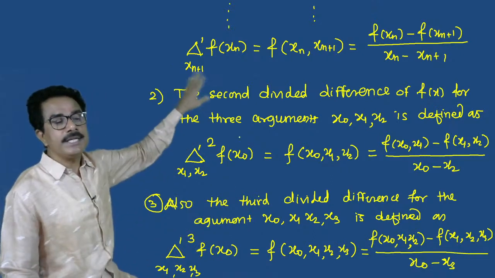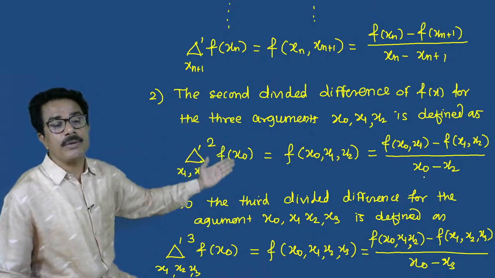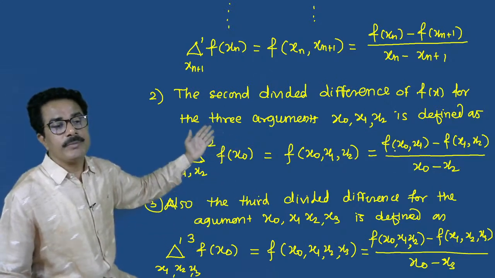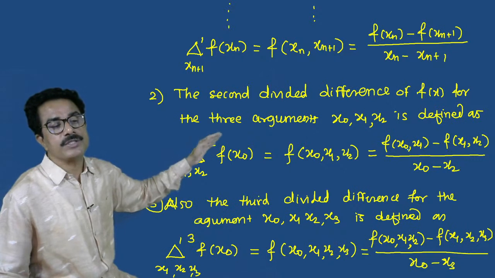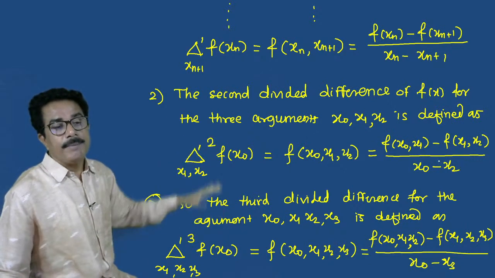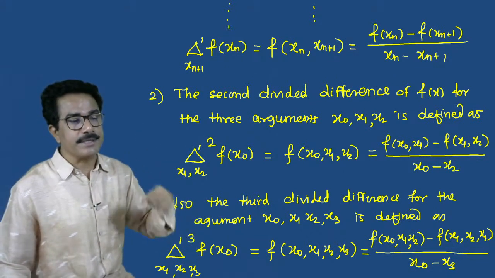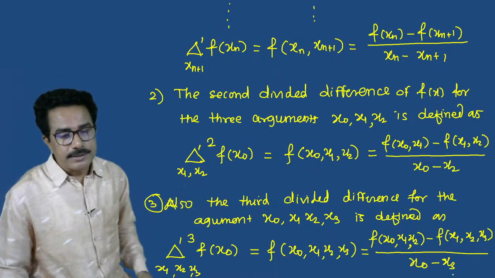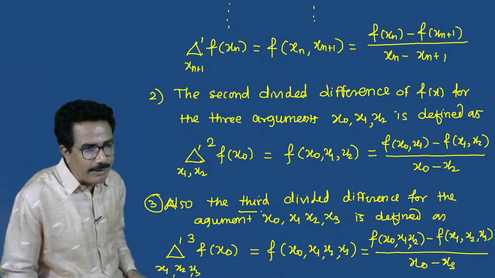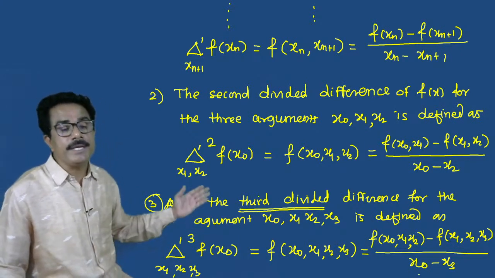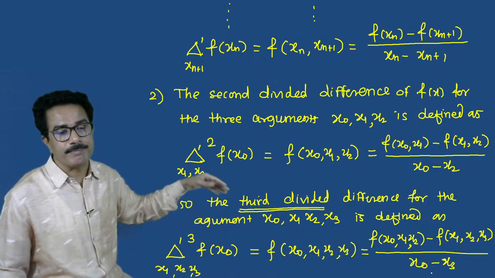For the second divided difference, denominator will be x0 minus x2. Numerator is f of x0 x1 minus f of x1 x2. म्हणजे लक्षात ठेवा, तुम्हाला जेवढा डिवायडेड डिफरन्स घ्यायचा आहे, थर्ड, फोर्थ, एन, तर डिनॉमिनेटरमध्ये म्हणजे थर्ड डिवायडेड डिफरन्स असला, then denominator will be x0 minus x3.